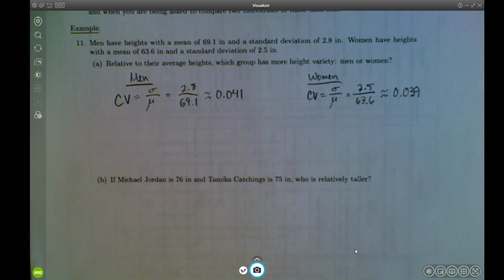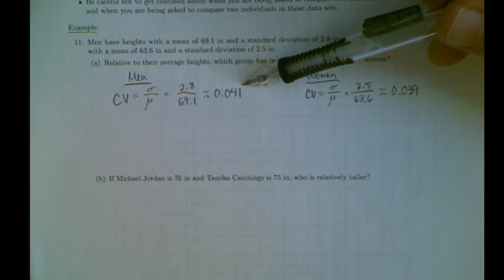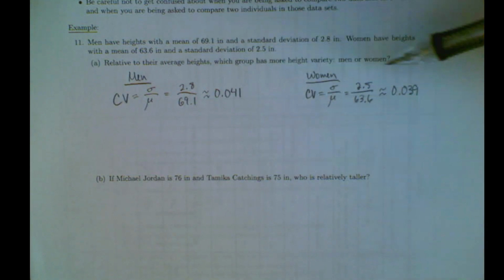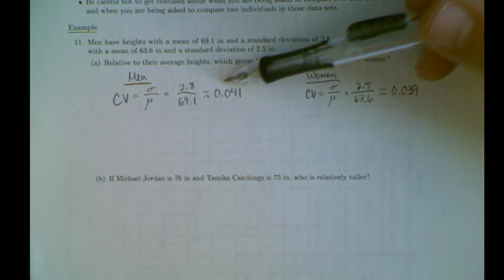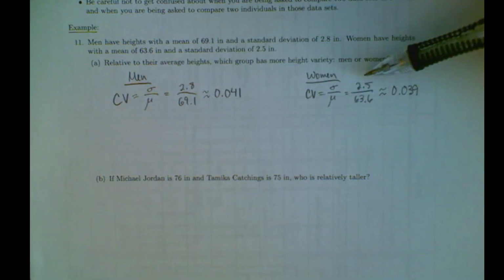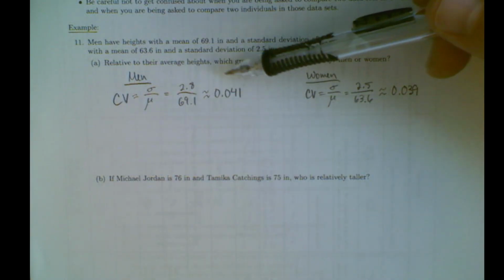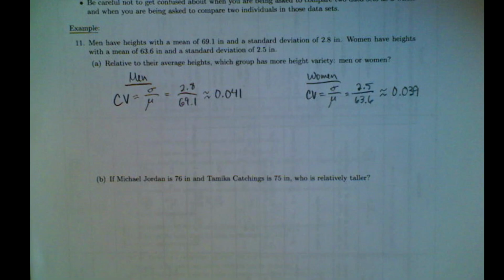Okay, so it looks like men have more height variety, just barely. There's not much of a difference, but relative to their heights, men have a little bit more height variety. They also have more absolute height variety, because their standard deviation, 2.8, is larger than the standard deviation for women, 2.5.